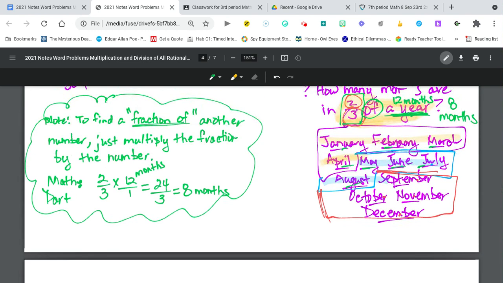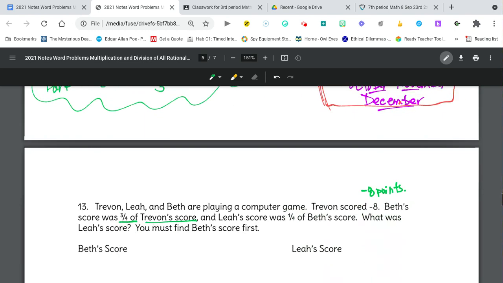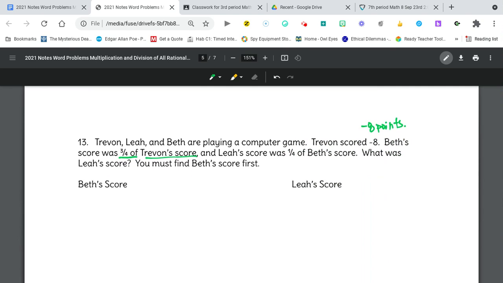Just multiply the fraction by the number. You should be able to see what to do. And Leah's score was 1/4 of Beth's score. Okay, that's a fraction of some other score. What was Leah's score? It says you must first find Beth's score, because Leah's score is obviously based off of Beth's score, okay?